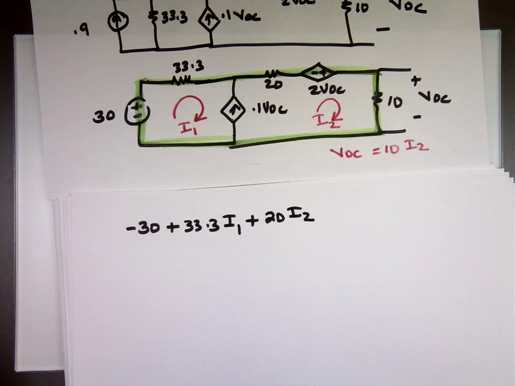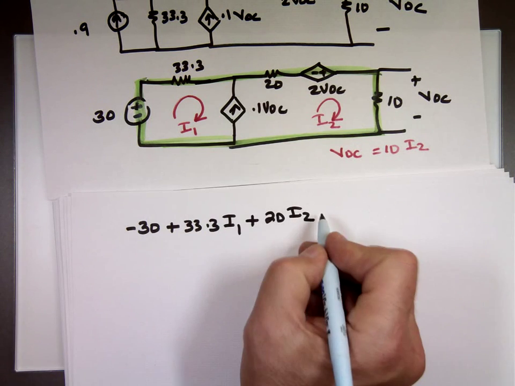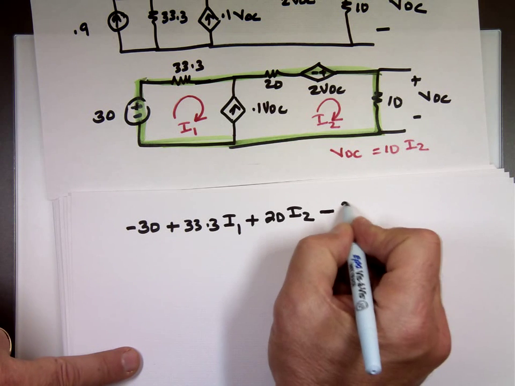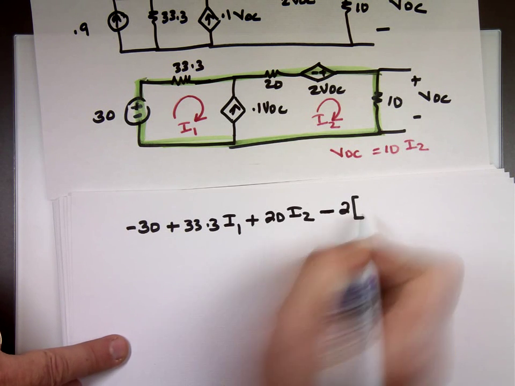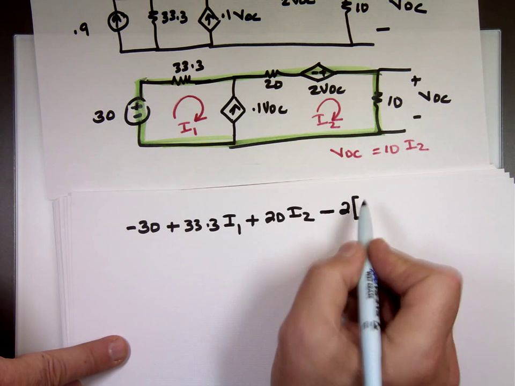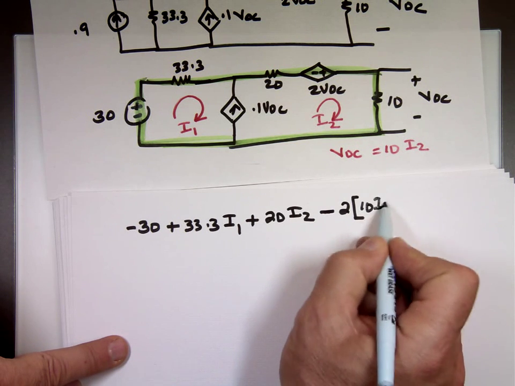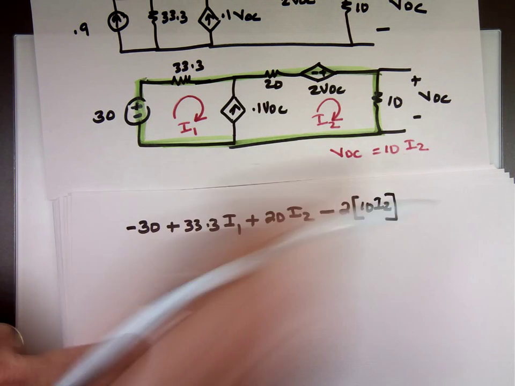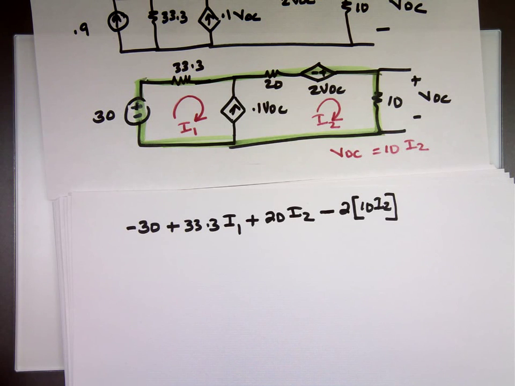This will be minus 2 times what? VOC. 2 times what's VOC equal to? 10 I sub 2. It's written under it, right? VOC is 10 times I sub 2. Otherwise, you're going to have three unknowns in that equation.